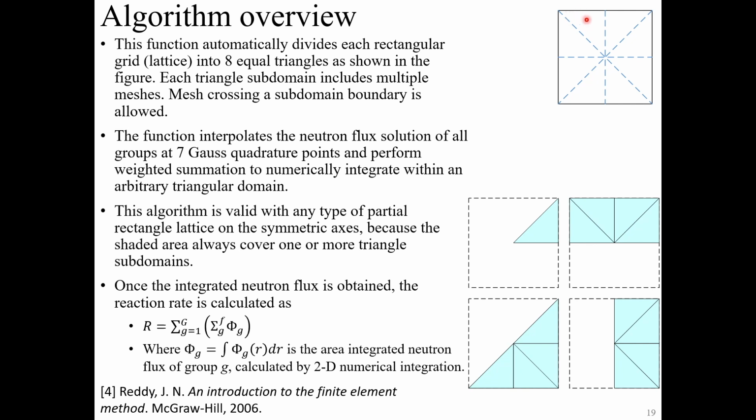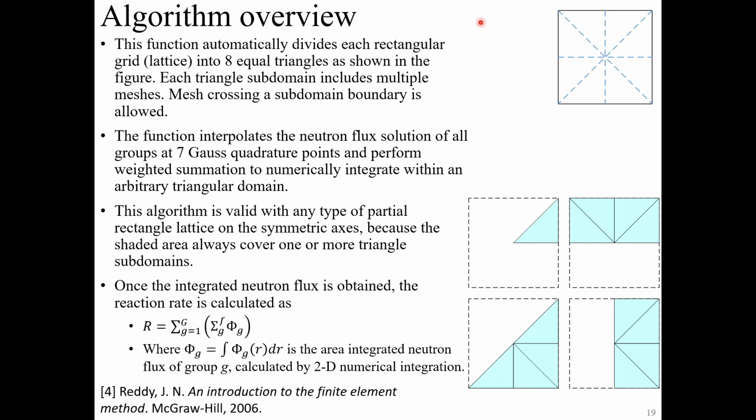A mesh crossing a subdomain boundary is also allowed because it will perform numerical integration. The function interpolates the neutron flux solution of all energy groups at 7 Gauss quadrature points and performs the weighted summation to numerically integrate within an arbitrary triangle domain.